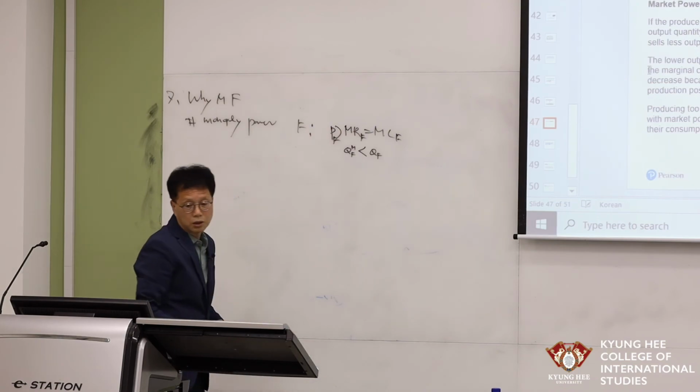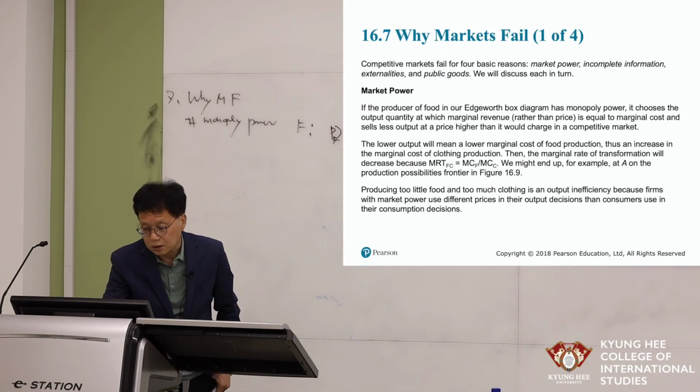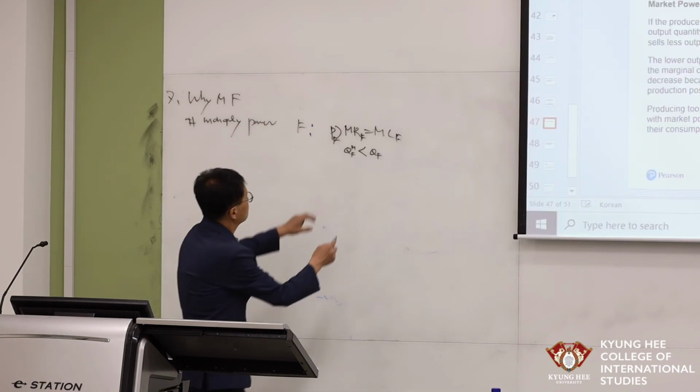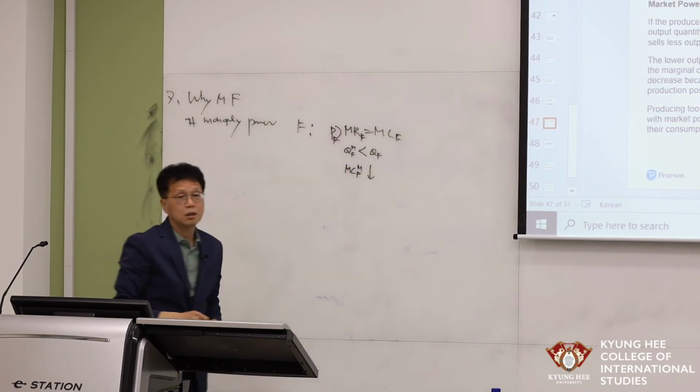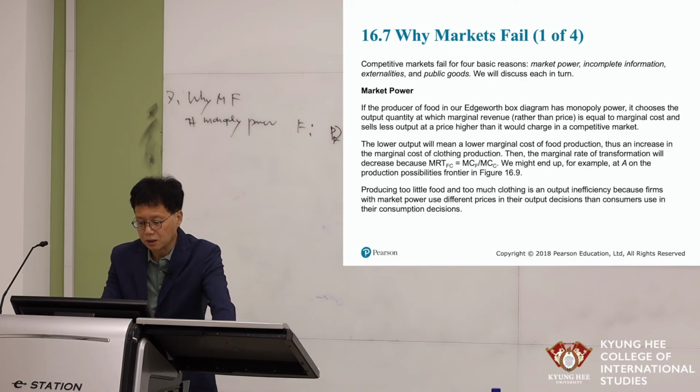And then what happens? Now think about this. The lower output will mean a lower marginal cost, low production. That means the marginal cost of food in the monopoly case is lower than in the perfectly competitive case because of small production, right?